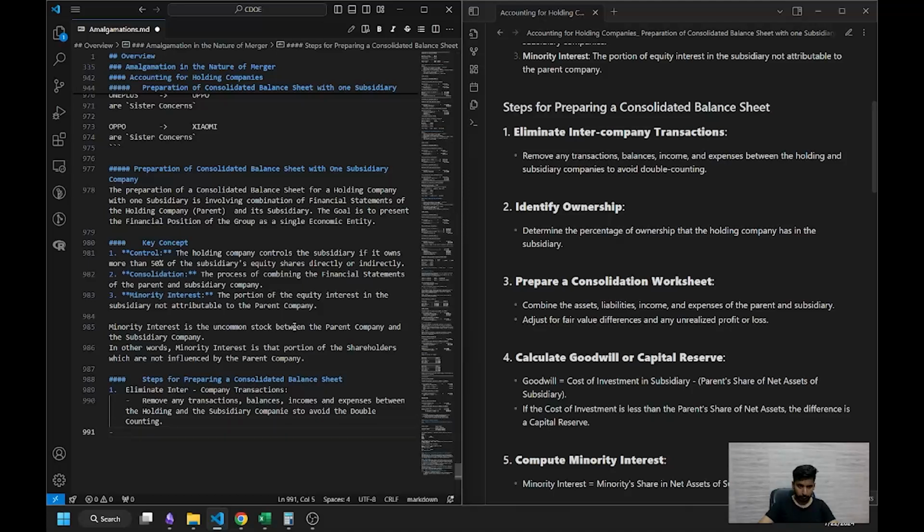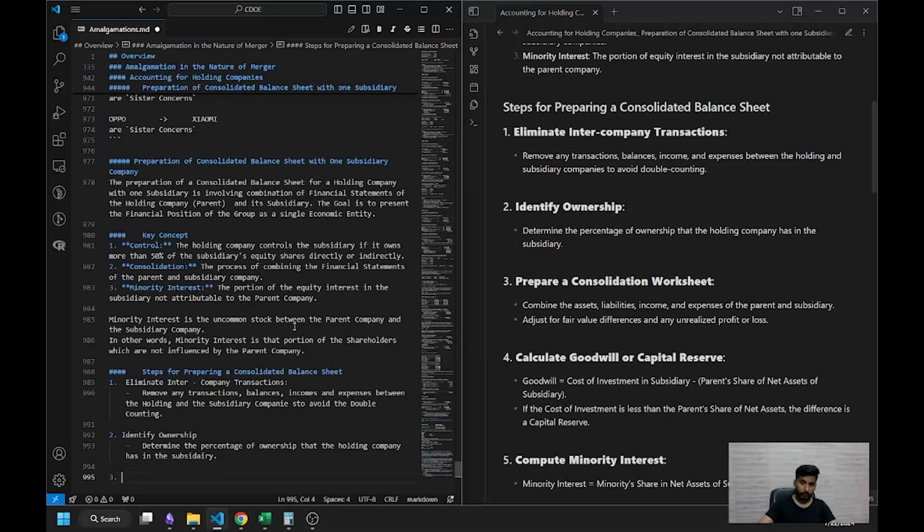Secondly, we need to identify the ownership. Determine the percentage of ownership that the holding company has in the subsidiary.